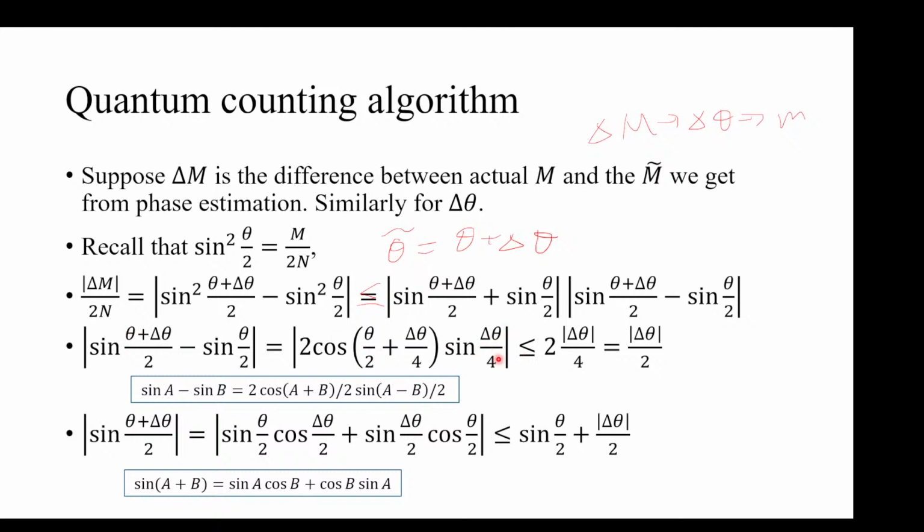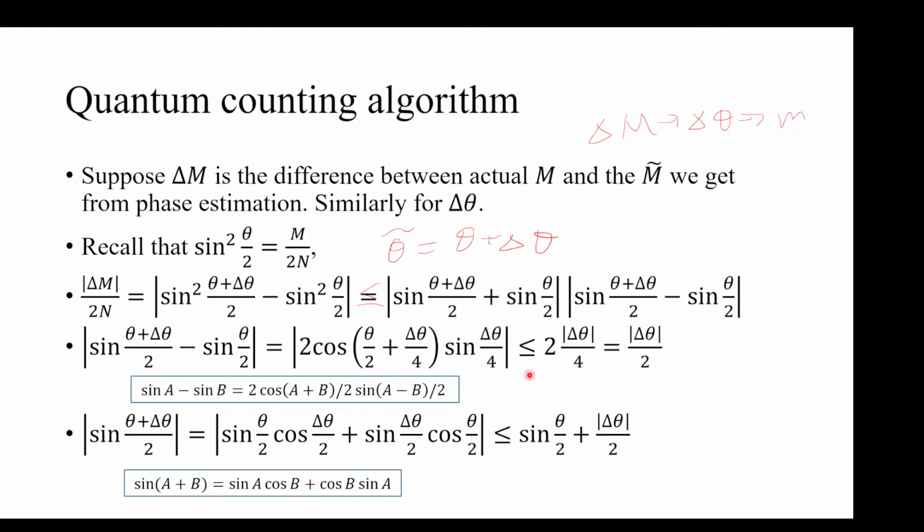Then we take absolute values of everything. The absolute value of cosine of any angle is less than 1, so we just throw it away with this less than or equal, and we are left with the 2.